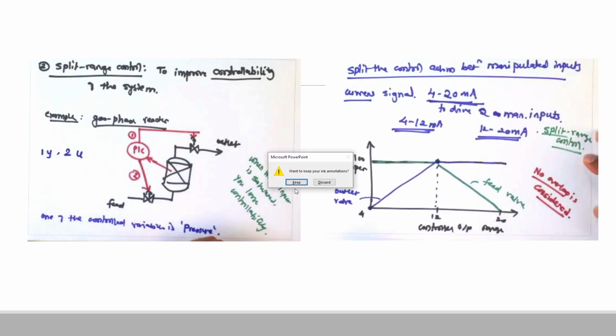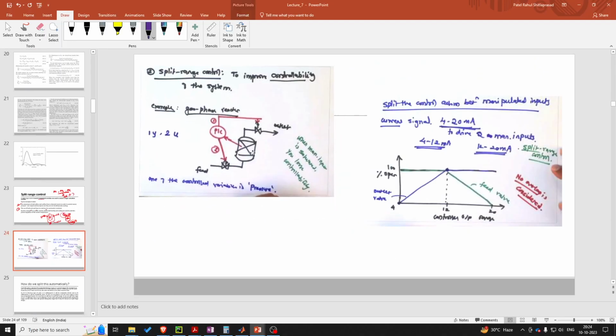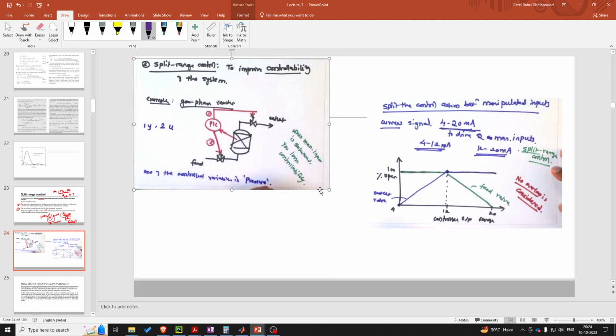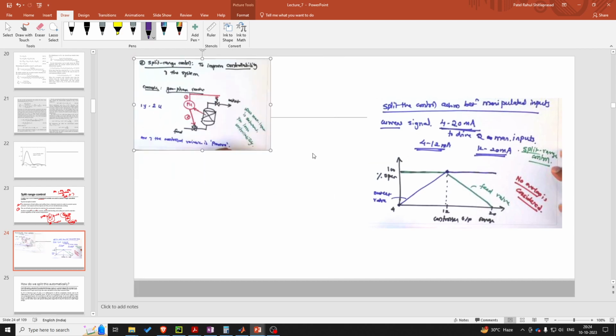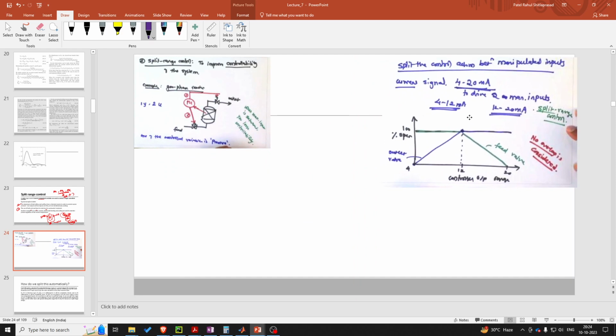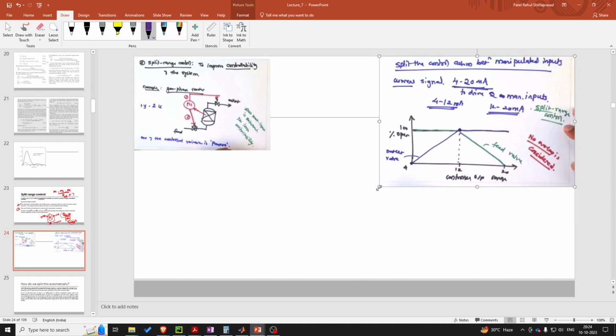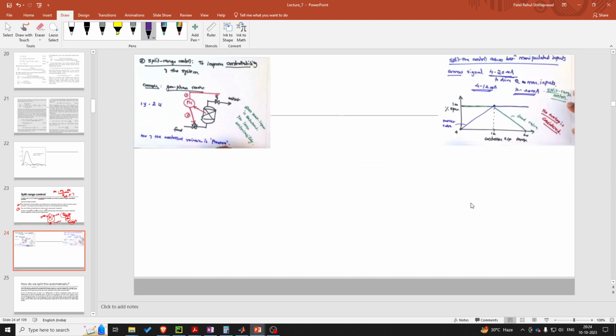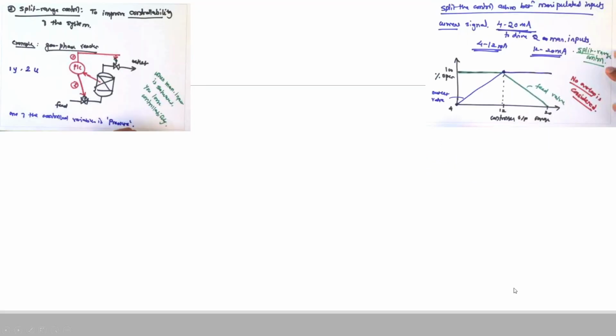So let's take this example of the gas phase reactor, whereby we have to control the pressure of the surge tank. So let's just consider a gas phase reactor, whereby we have this outlet valve.